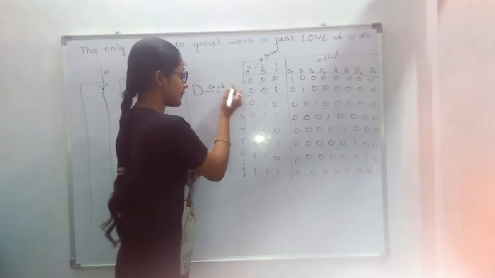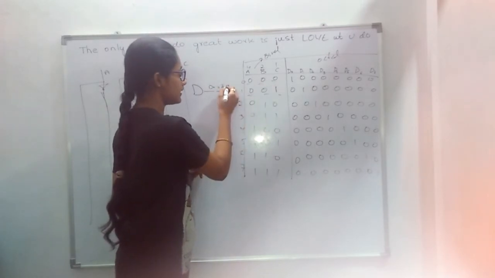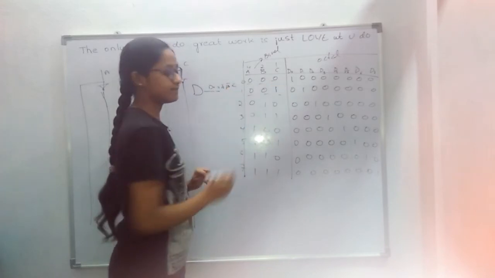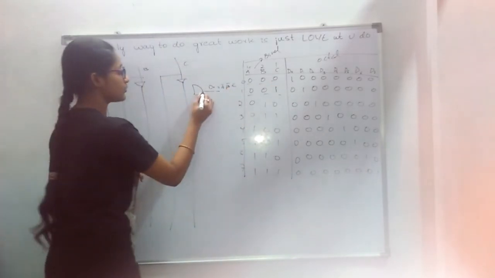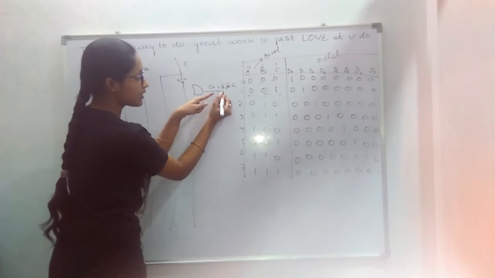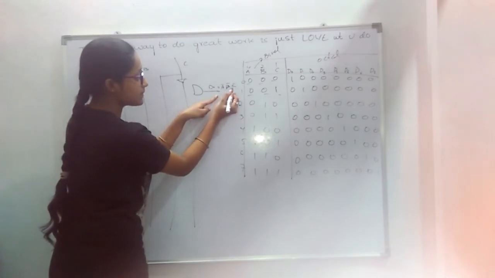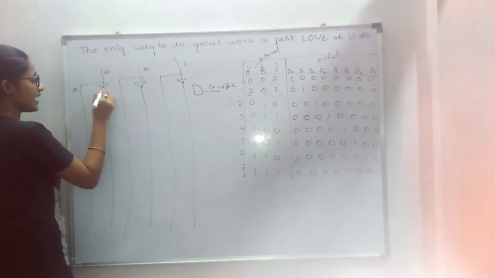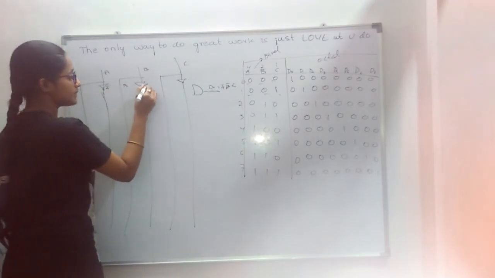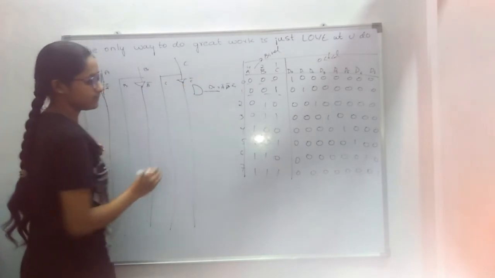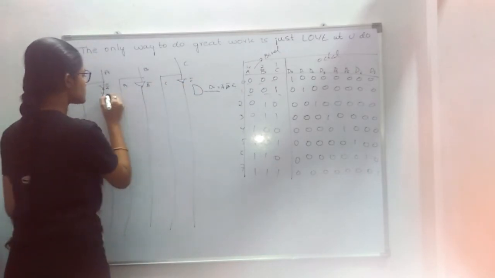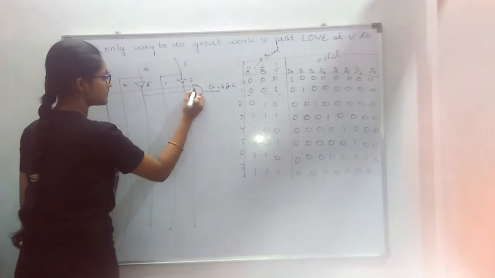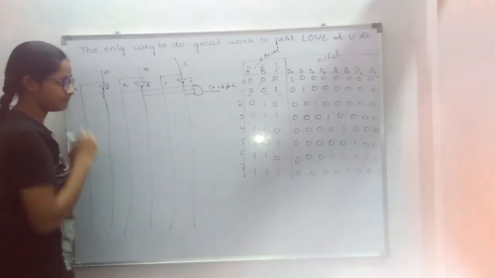We have to take A bar, B bar and C bar. As it is A bar, B bar, C bar, you have to give to NOT gates. As it is A and A bar, B, B bar, C and C bar. So A bar, B bar, C bar.